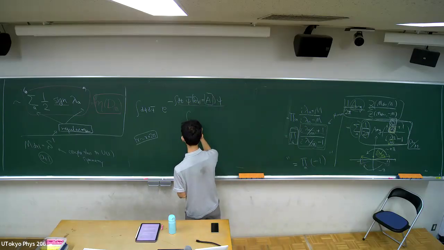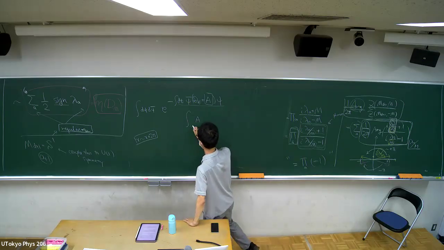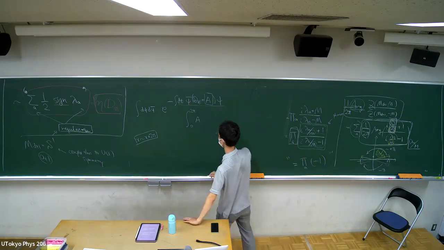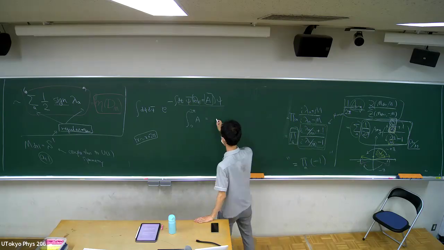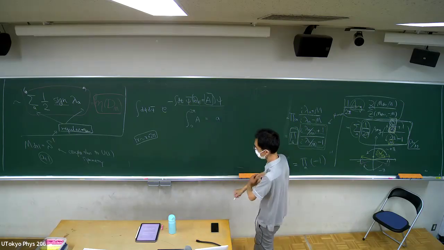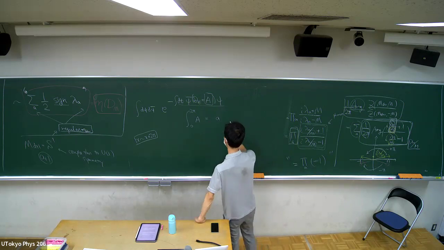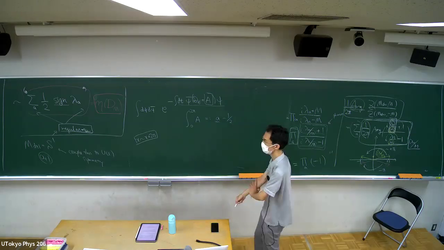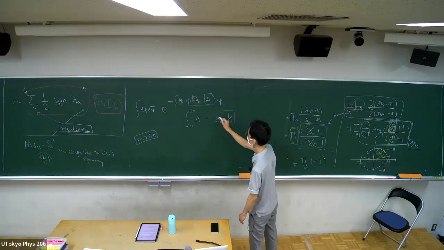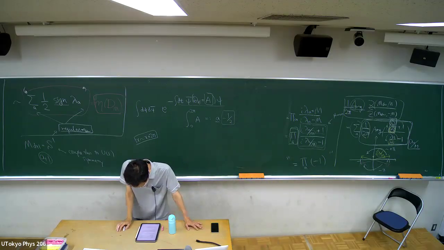So let's say the integral of A from 0 to 2 pi is A. I mean, this is the definition of A. I subtract 1/2 for the reason I explained.